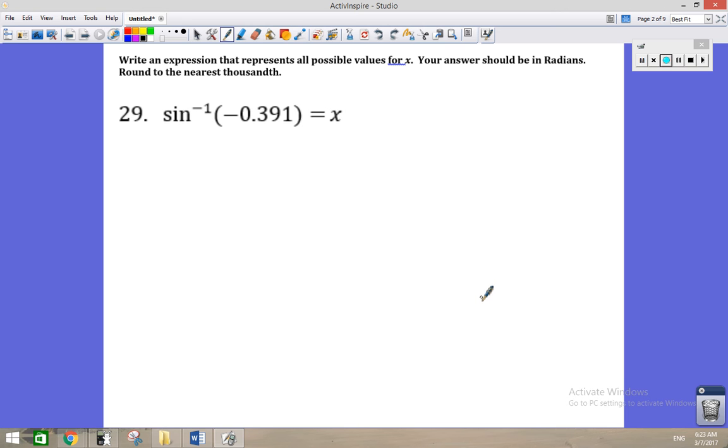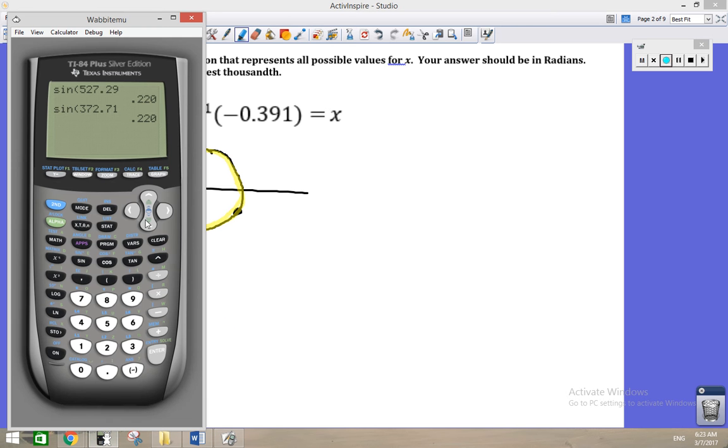Alright, now this time they want us to write an expression for infinitely many. They want us to be in radians. There's 2 points that have a y-coordinate that's this negative value. When I use my calculator, it's only going to return values that are between negative pi over 2 and positive pi over 2. So let's go to radian measure, and it says to the nearest thousandth, so that's 3 decimals.